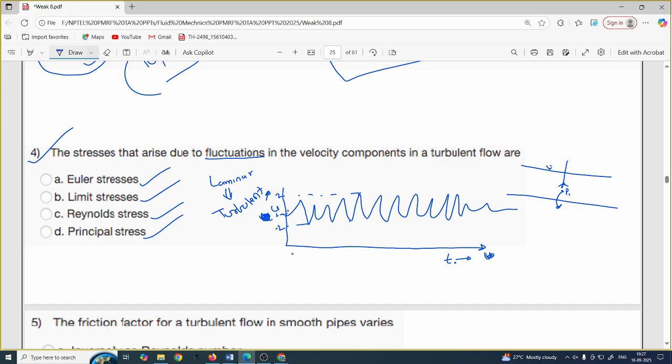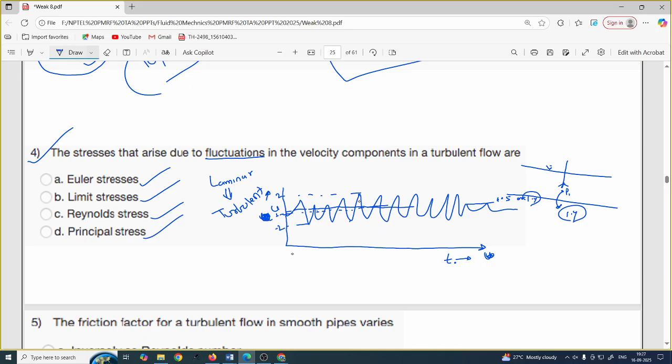So what will happen? For the analysis of such turbulent flow, we draw a line. We take the average. If the fluctuation is more on the upper side, your average line will be shifted to the upper side and you will get something like 1.5 or 1.4. So here the flow is 1.4. Based on the fluctuation value, this line will be shifted.